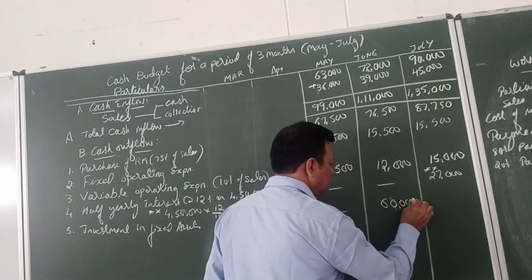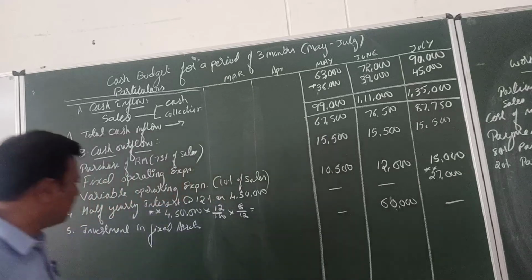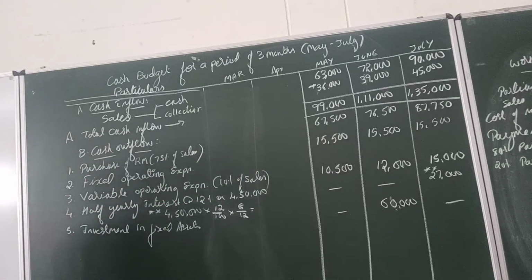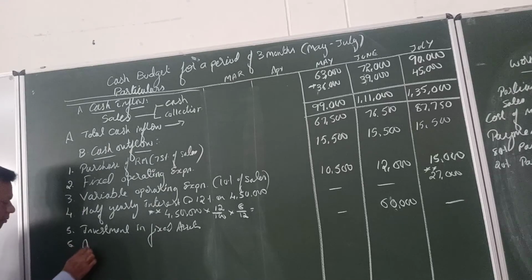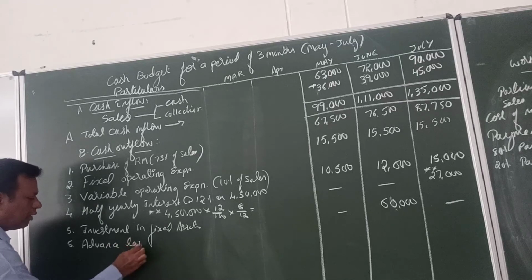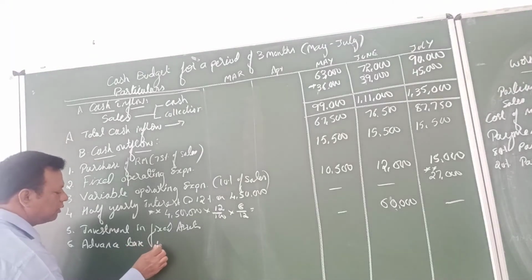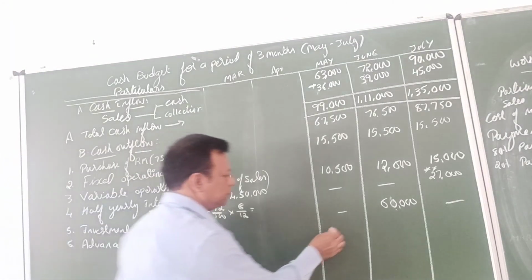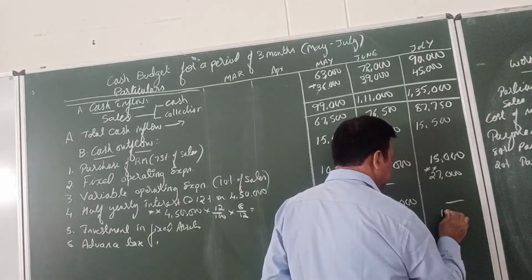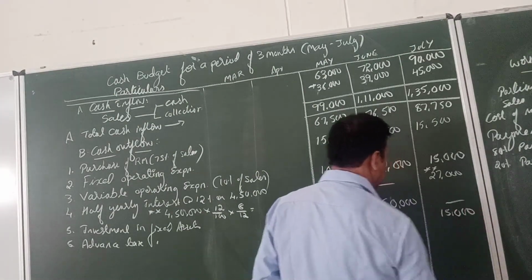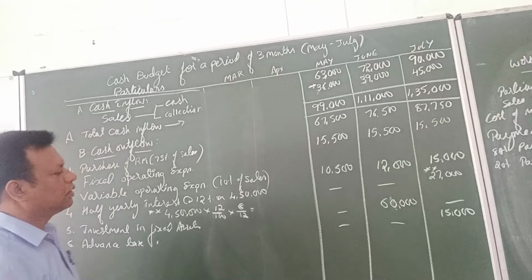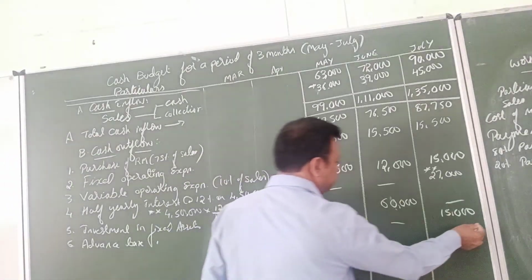Yes. Next, advance tax. In which month are we paying? July. Advance tax we are paying in the month of July. How much? 15%. Next. That's it. So then we have total it.